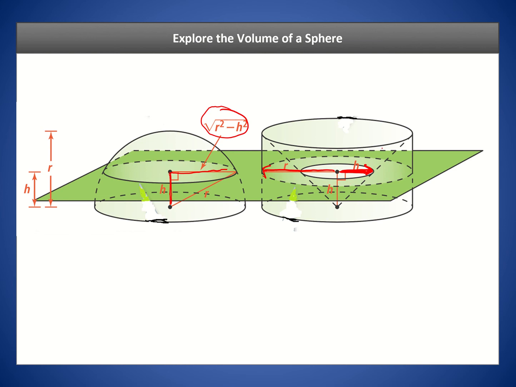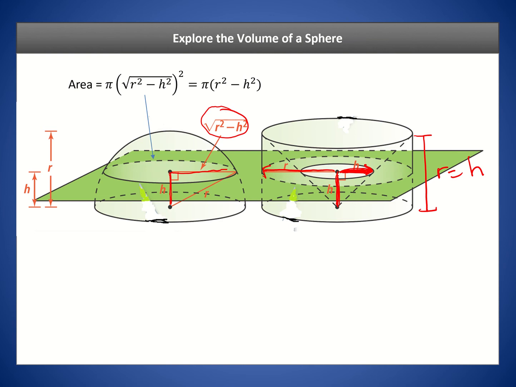And I know that's h because the radius of this cylinder is actually equal to its height. So if you look at that, the radius is equal to the height. And so that means that if this is h, then that has to be h. If this is the radius, then this has to also be the radius. So they're all equal to each other. And so therefore the radius of the smaller circle is h.